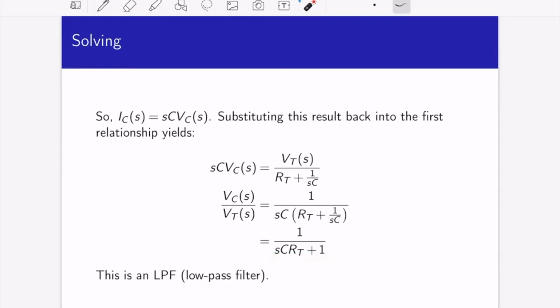If we consider what happens as s approaches 0, which corresponds to omega equal to 0, we end up with a constant. And if we look at what happens as omega approaches infinity, we end up with 1 over infinity, which approaches 0. So this is a low-pass filter.